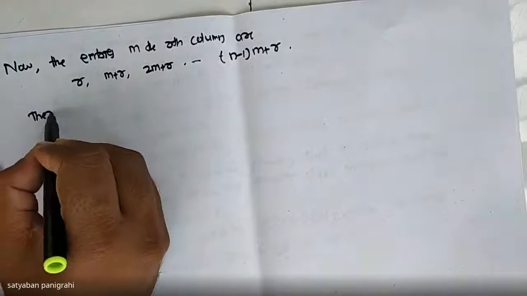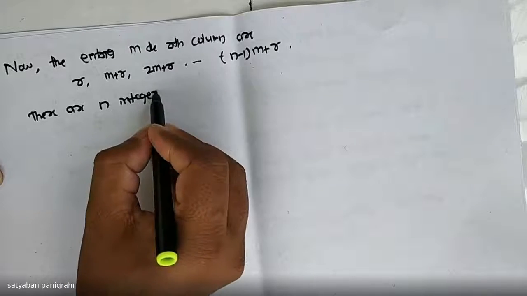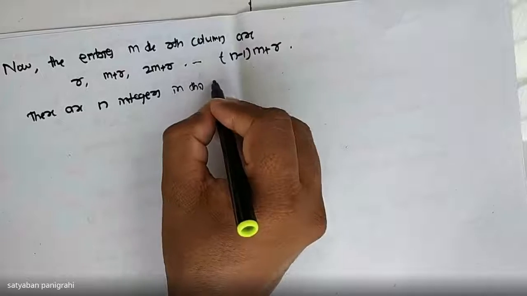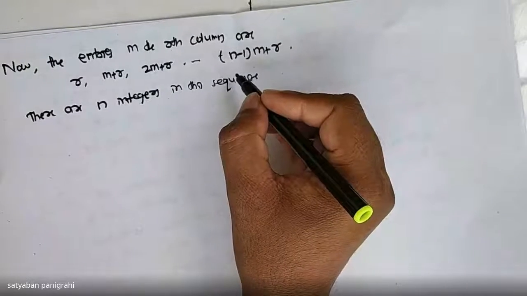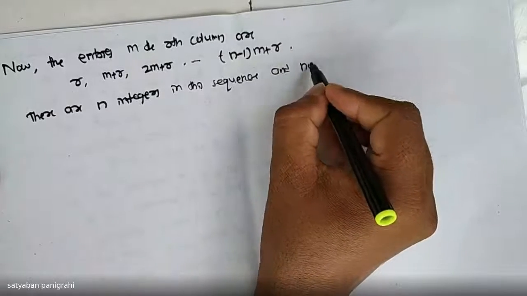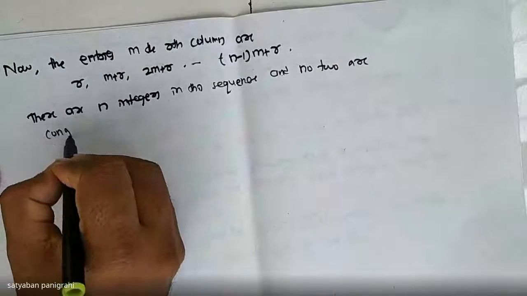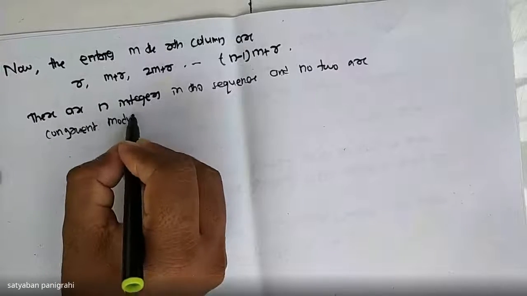There are n integers in this sequence, and no two are congruent modulo n.